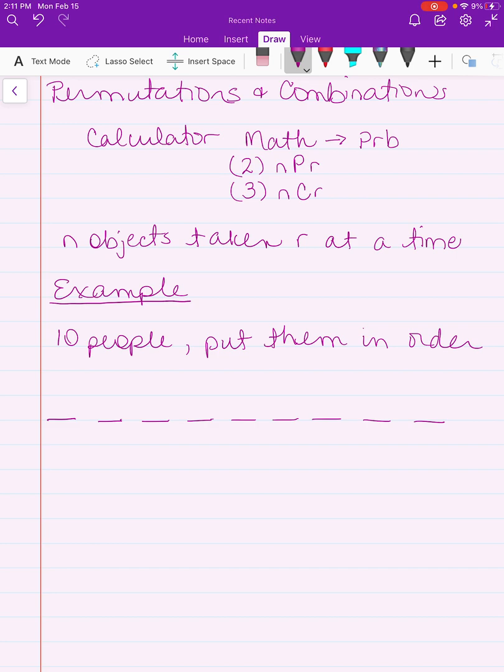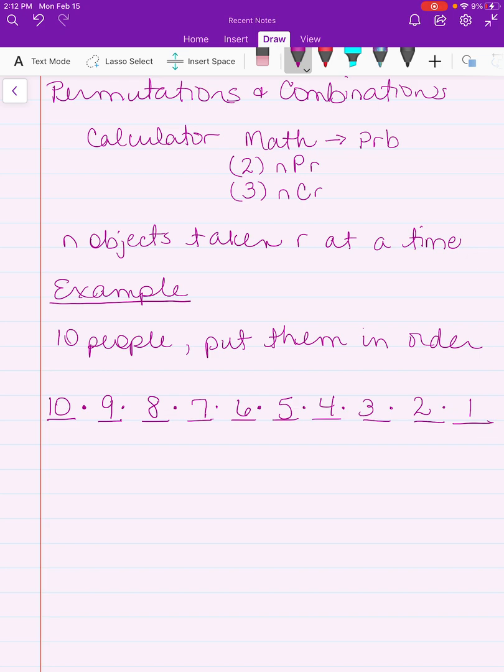Well, if you're selecting from 10 people, then there are 10 options for the first slot, but then there are only 9 people left for the second slot, and 8 for the third, and 7, and 6, then 5, then 4, and 3, then 2, and then 1.